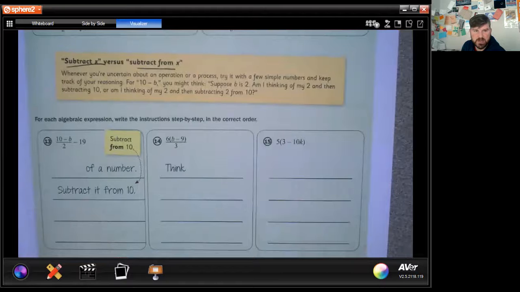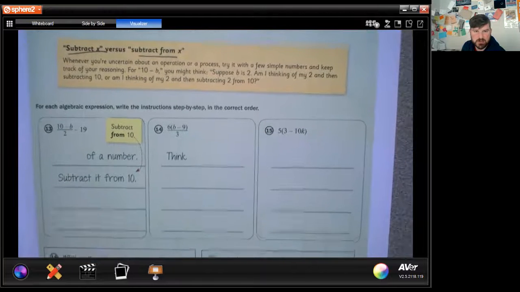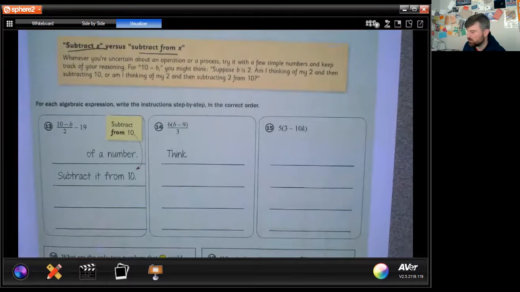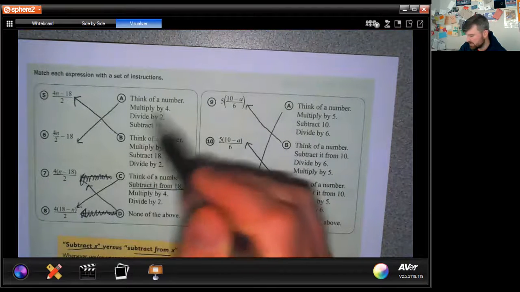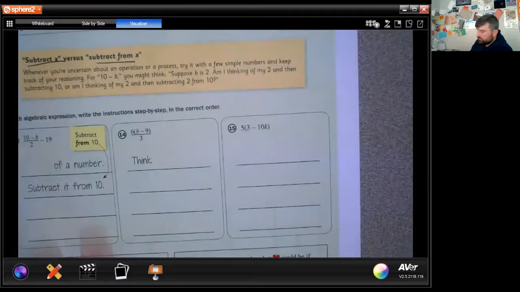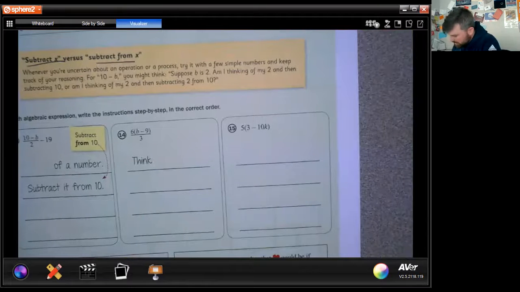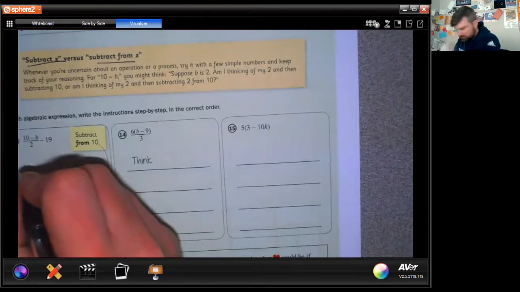For each algebraic expression, write the instructions step by step in the correct order. So they give us this part. We need to write this. Okay. All right. So here we've got think of a number.